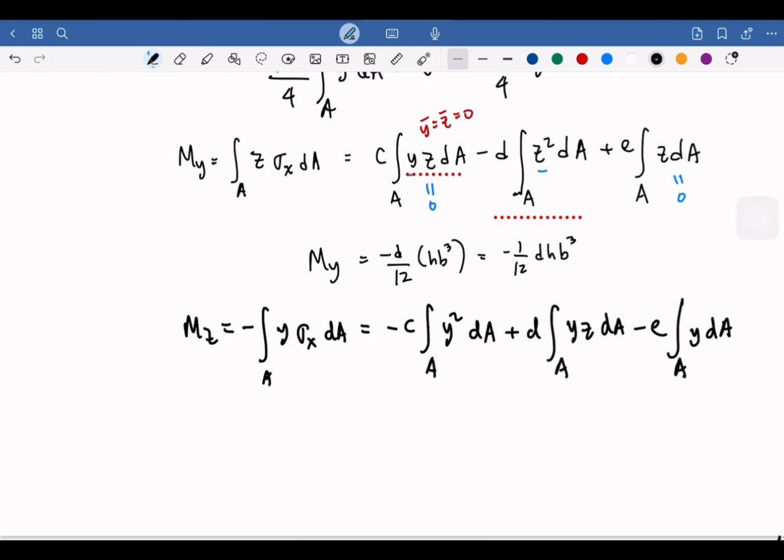And then based on the information that this is y bar and z bar, this will be 0, and this is also 0. So we only have negative c over 12 b h cubed, or 1 over 12 negative b c h cubed.